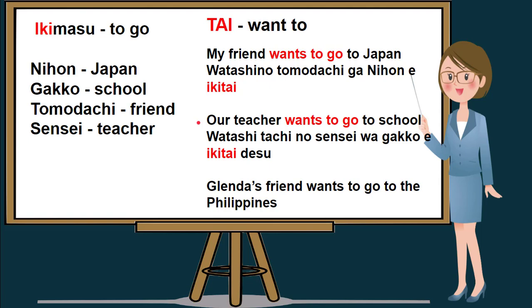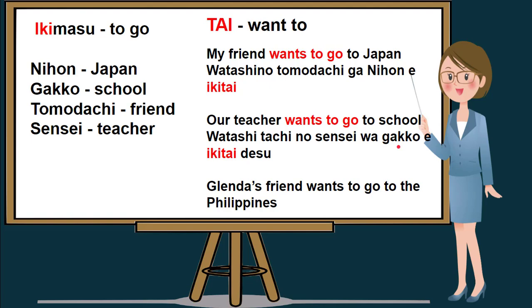Let's move on to my next example. Our teacher wants to go to school. Wants to go is ikitai. Our teacher is Watashi tachi no. Teacher is sensei. And school is gakko.